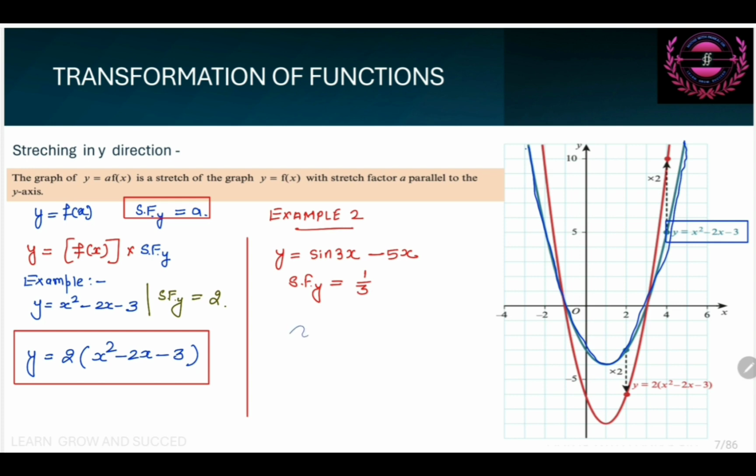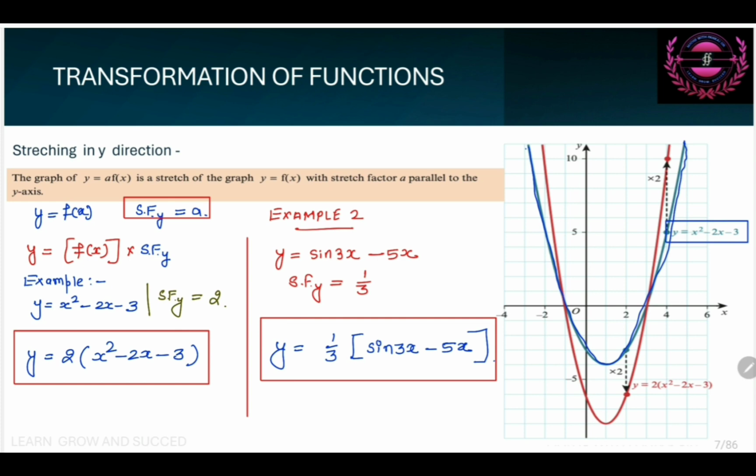So my graph after transformation will be stretch factor multiplied by the complete function. So 1 by 3 is the stretch factor in y direction, multiplied by the complete function. So this is my final curve after the transformation.